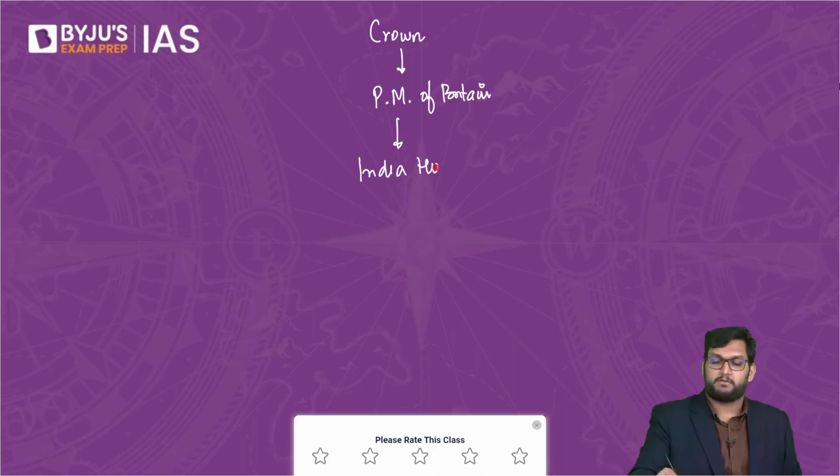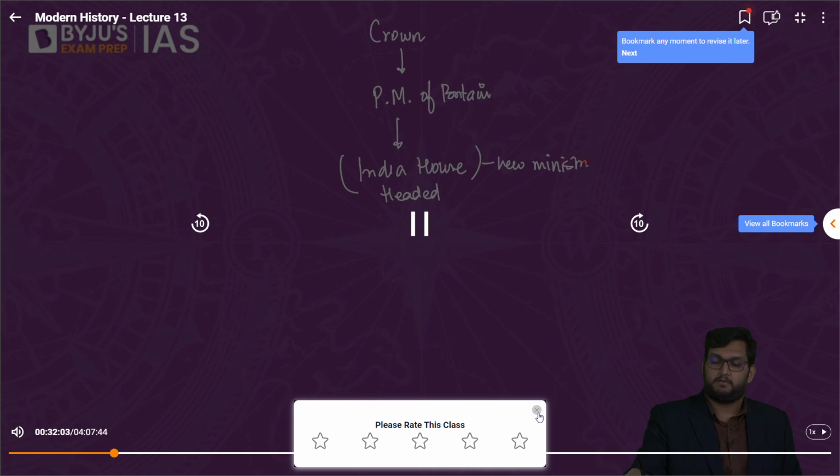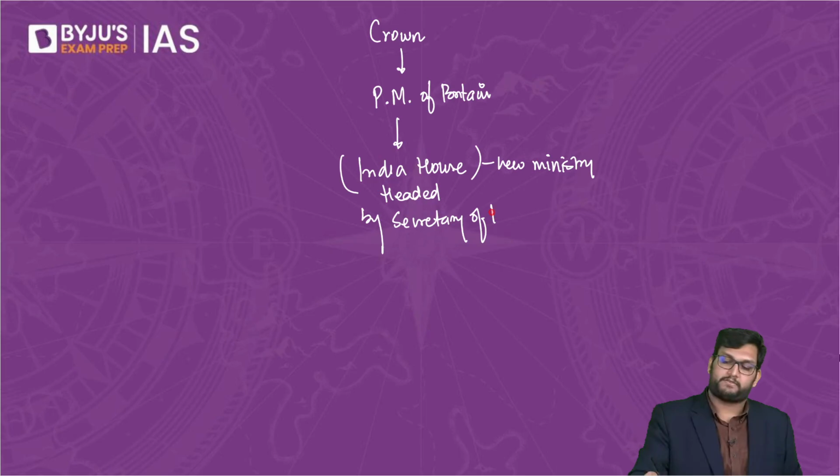Simple to simple point, I'm again going to create the structure. Please pay attention. The simple point is, now you have the Crown. The Crown controls the Prime Minister of Britain. He has a new ministry called India House, headed by the Secretary of State for India.